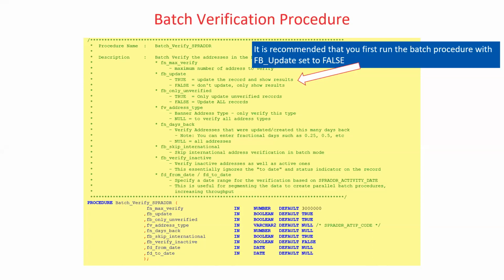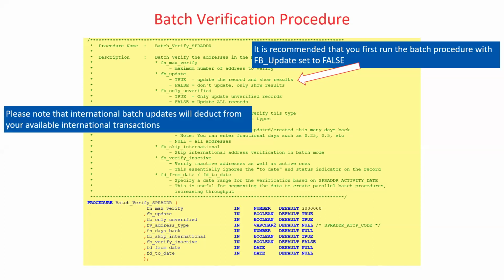That way you don't end up changing every address in your database or validating a bunch of international addresses that you may not want to pay for before you actually do them. And if you end up with a number coming back which is surprising, you can change the parameters in order to make sure that your batch job is running the way you want it to before you actually run the batch job in earnest.